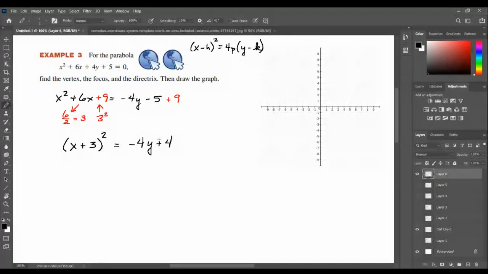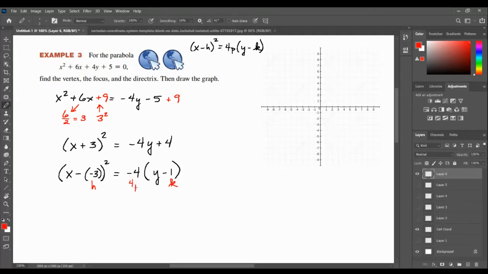This on the right side looks a little odd. Maybe if I just factor out a -4. I'm going to rewrite this so it's x minus, and this has to be minus a -3 to give me the +3. If I factor out a -4, I end up with y - 1. And now it is in the form of the equation on the formula sheet. So this tells me h is -3, k is 1.